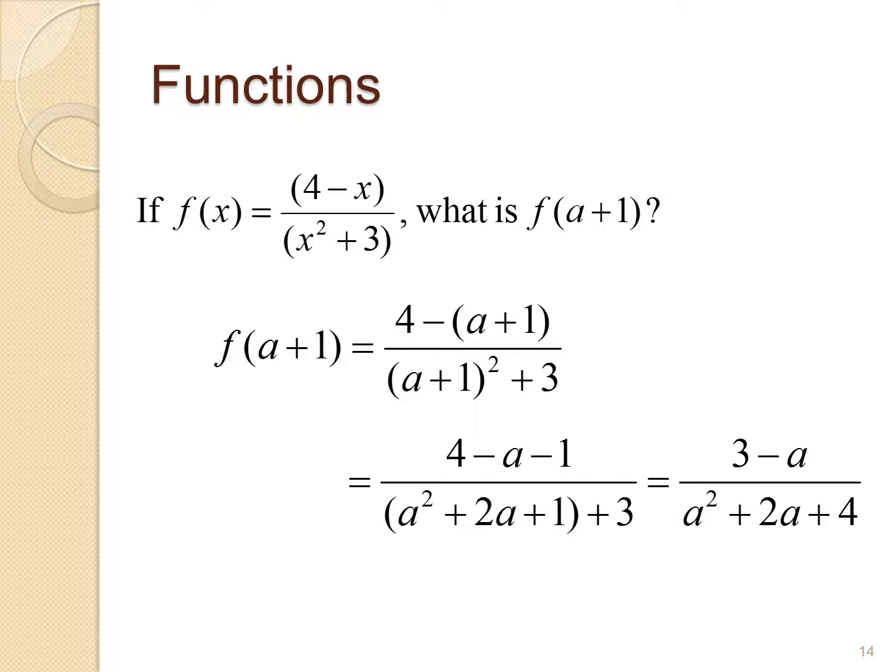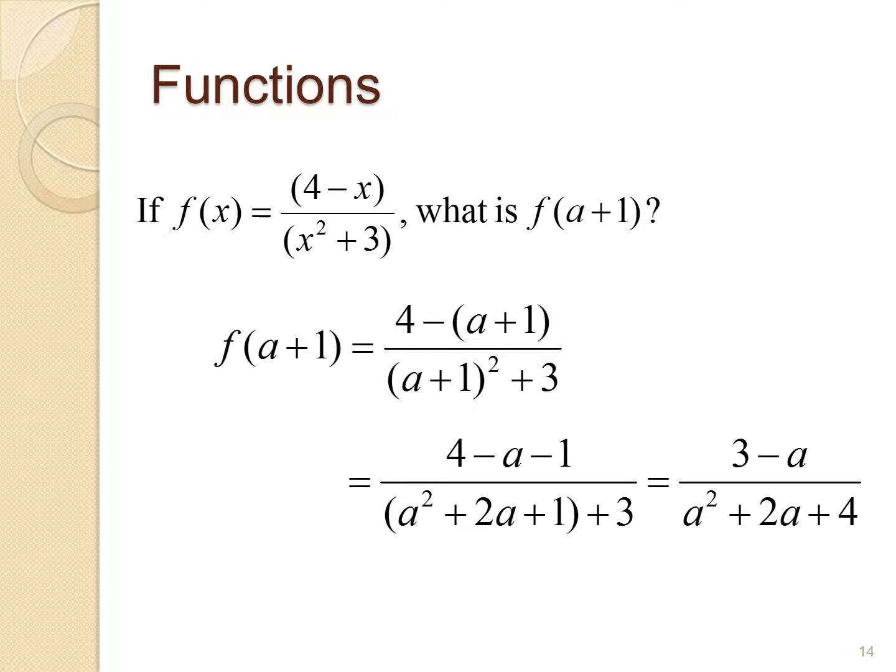So it becomes 4 minus a minus 1, which then, of course, 4 minus 1 is 3, so you get 3 minus a. On the denominator, you have to square a plus 1. It's not a squared plus 1 squared, it's a plus 1 squared. That gives us a squared plus 2a plus 1, and then we still have the plus 3 that happens before.